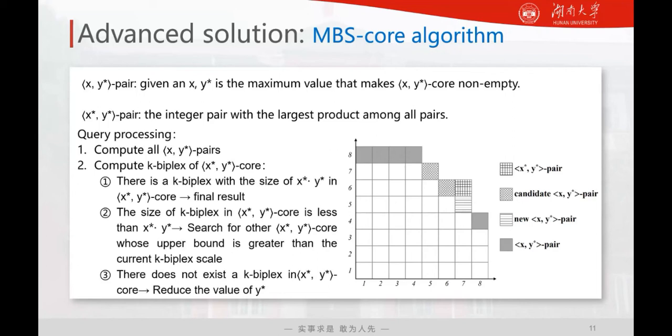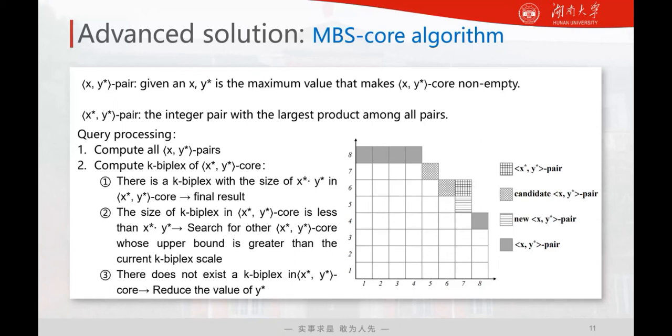If there is a K-biplex with the size of x star times y star, then it is the final result. If there exists a K-biplex but the size is less than x star times y star, then we search for other xy codes whose upper bound is greater than the current size.